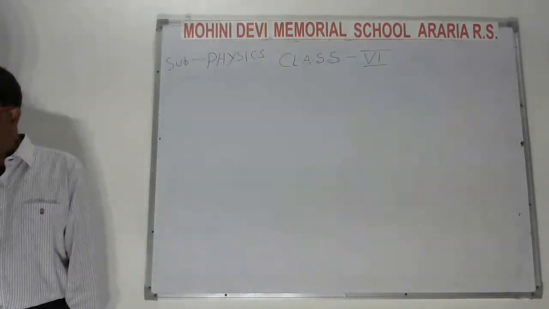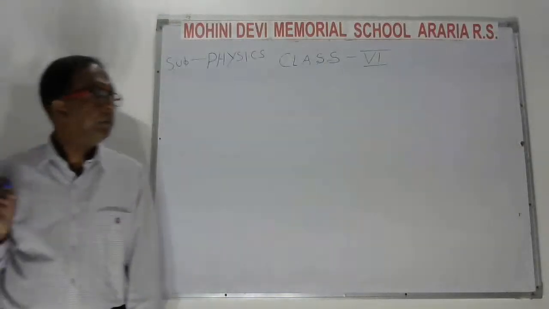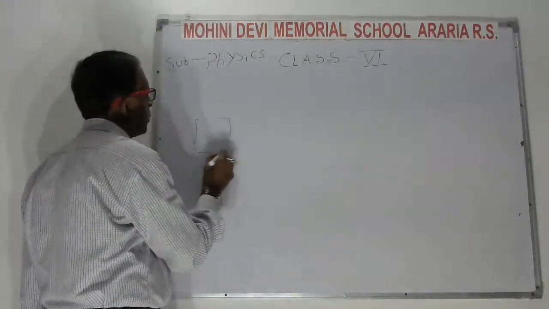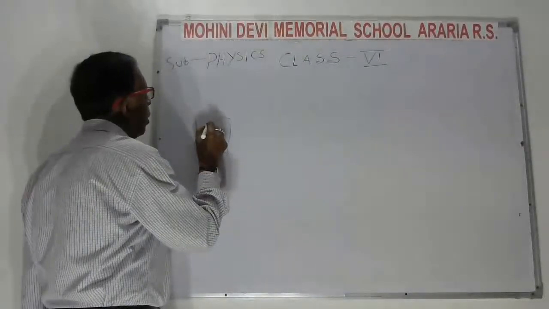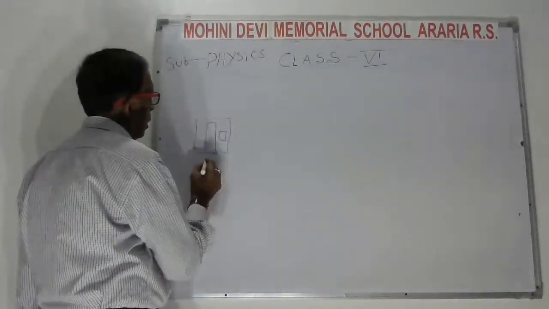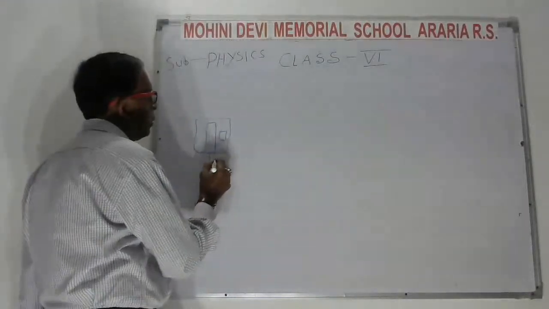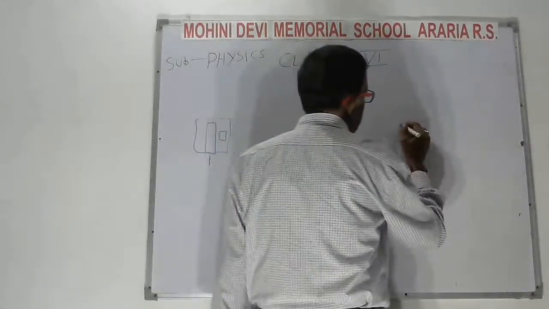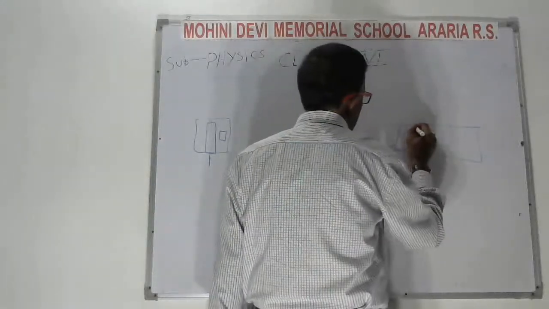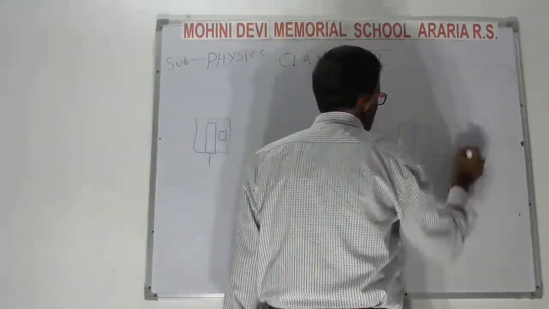The question is the Radha home. This is the house of Radha. This is the main door of Radha. Here is the window. And the school building MDMS is here. The academic building of MDMS is here.